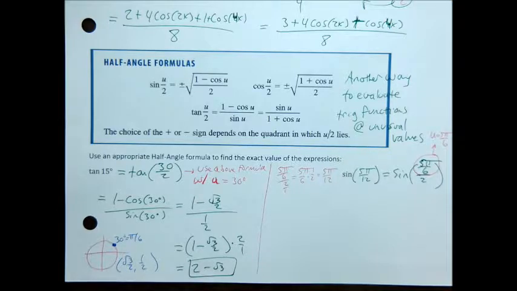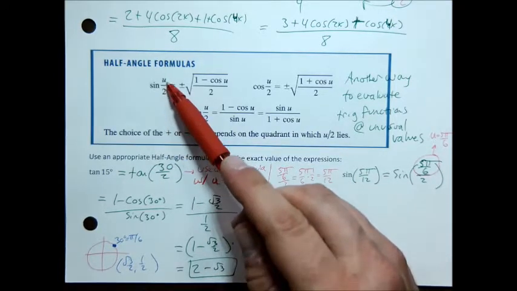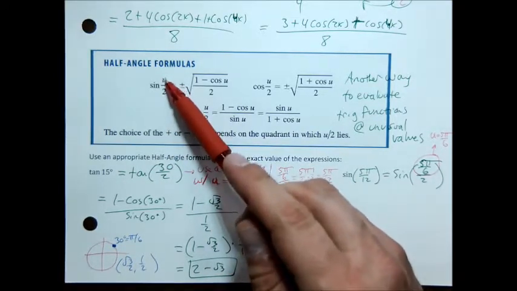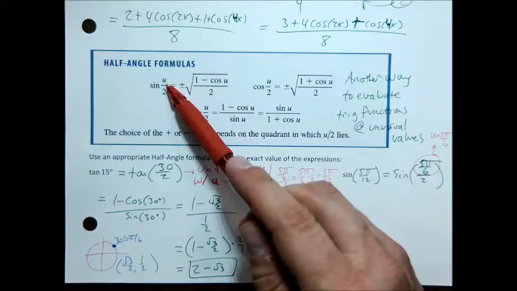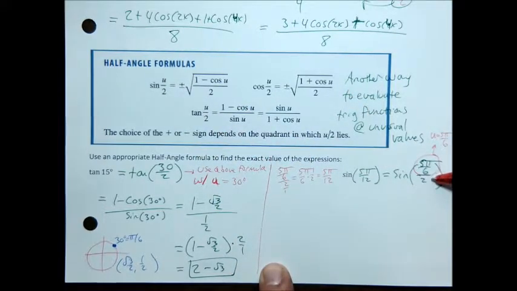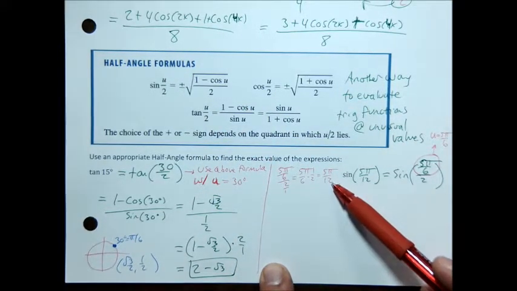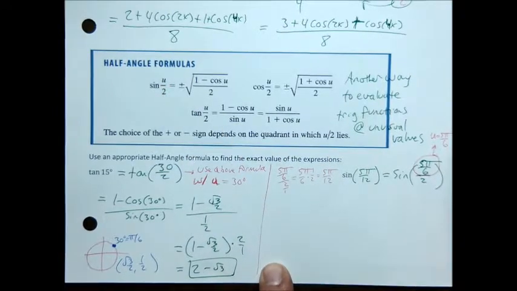It's a compound fraction. It is a compound fraction. So usually we try to avoid things like that. But we're trying to relate it to this formula, right? I'm trying to do something over 2, and the something needs to be something that we know in the unit circle. And so 5 pi over 6 divided by 2 gives you 5 pi over 12. And so we can use this formula with 5 pi over 6. And again, 5 pi over 6 is something on the unit circle that we're familiar with.